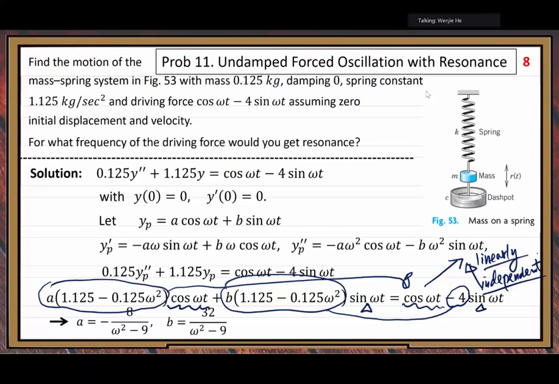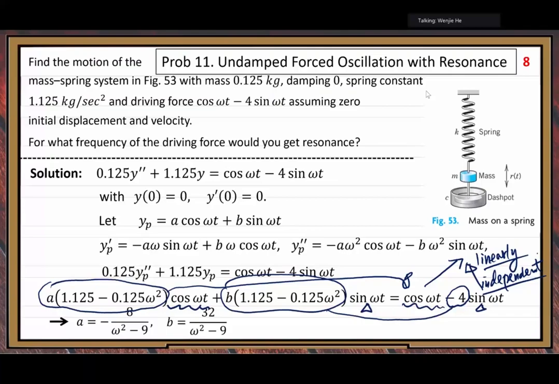When these two functions are linearly independent, you just compare the corresponding coefficients. The corresponding coefficients must be the same. This condition comes from the definition of linear independence.